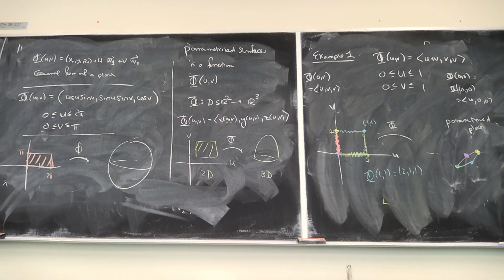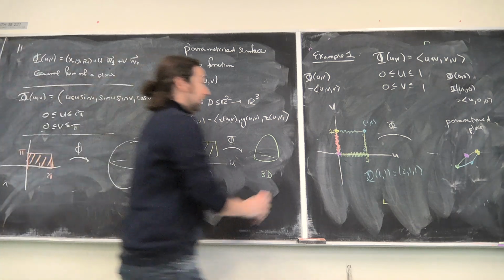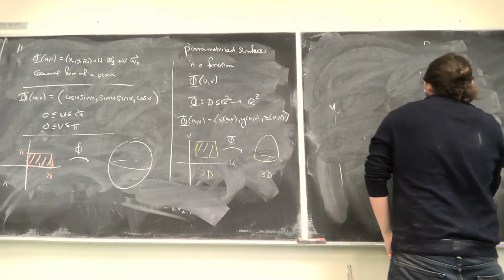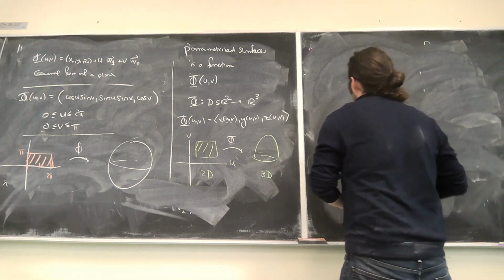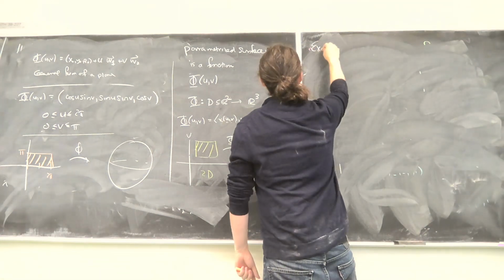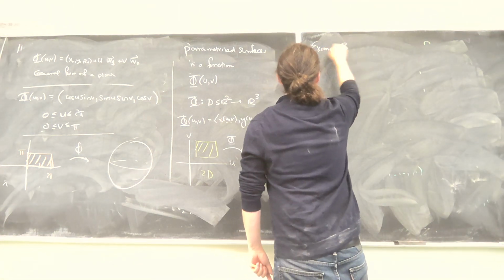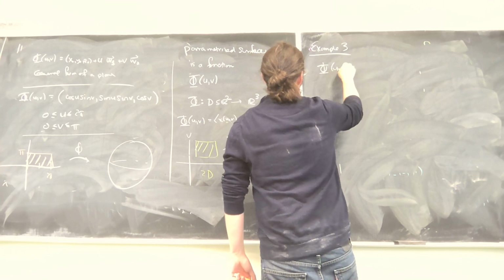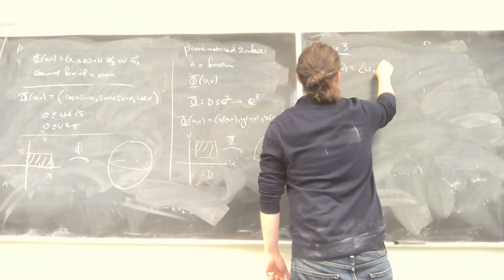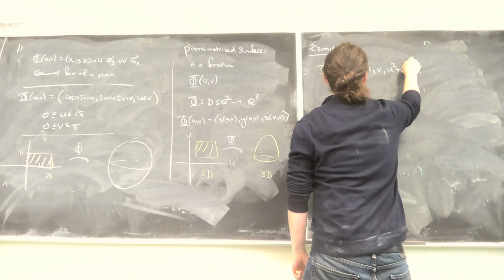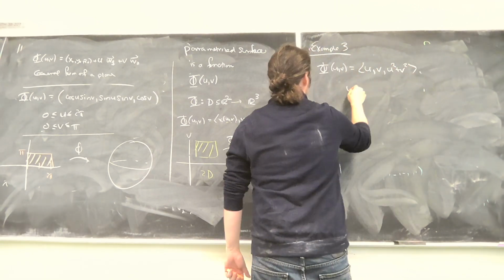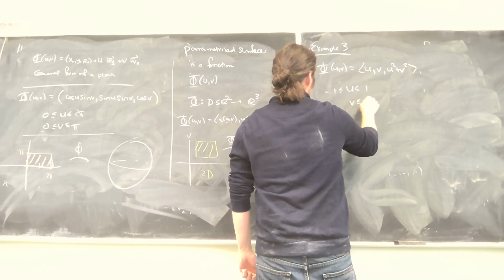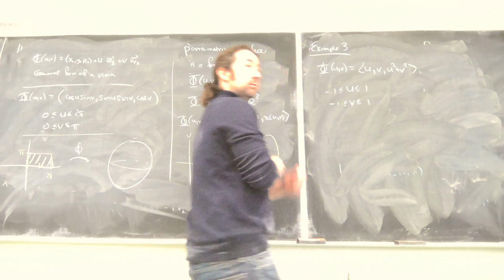Okay, the last one we'll talk about is the last example of parametrized surfaces that you should see. It's something like this. Here's example 3. If I gave you phi of u and v is equal to u, v, u squared plus v squared, say where u is between 1 and minus 1, and v is between 1 and minus 1.